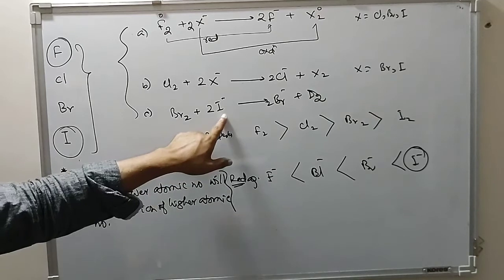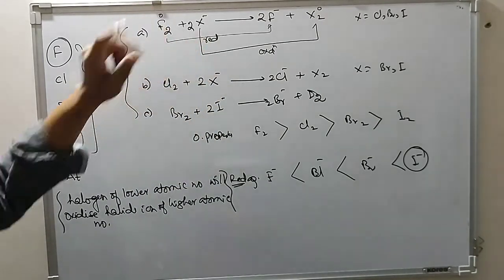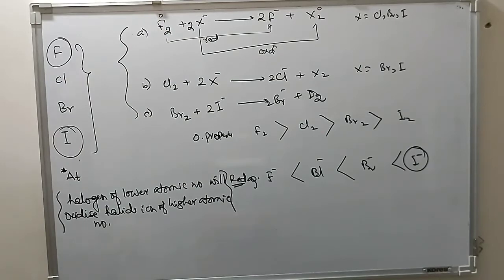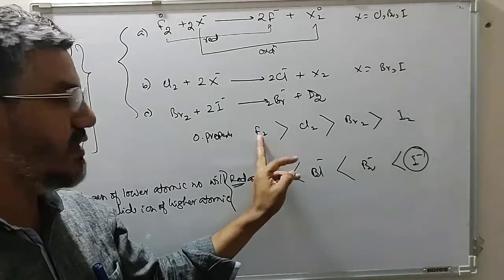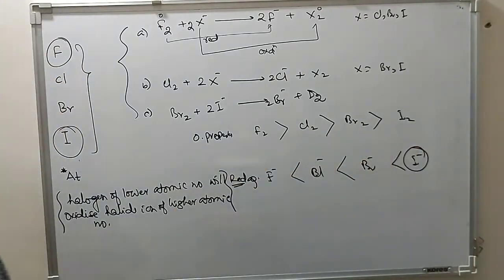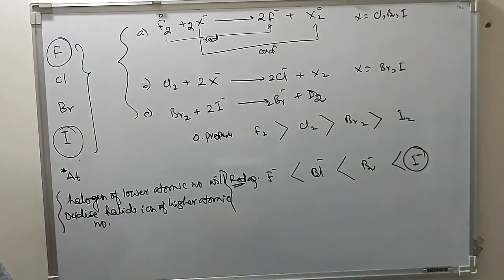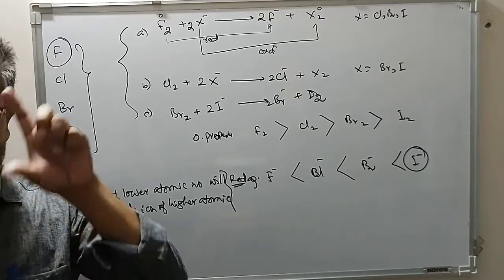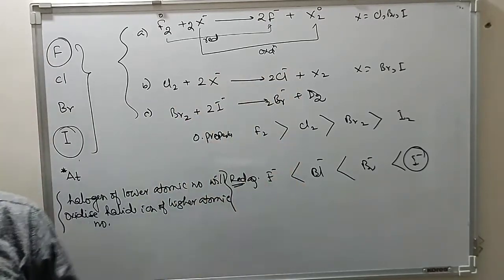Look at this, I minus reduces bromine, I minus reduces chlorine, I minus reduces fluorine. So I minus is the strongest reducing agent. Fluorine is the strongest oxidizing agent. Again I am telling you, this reduction potential or oxidizing character depends on the energy difference between the element in the standard state and the hydrated state.